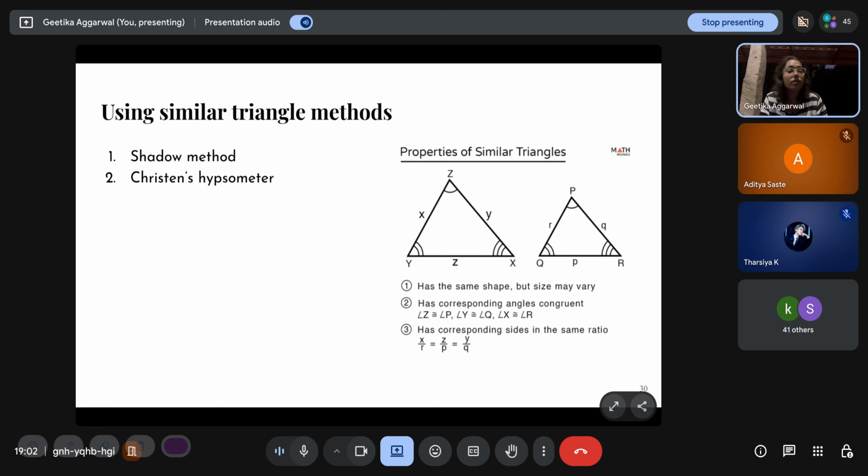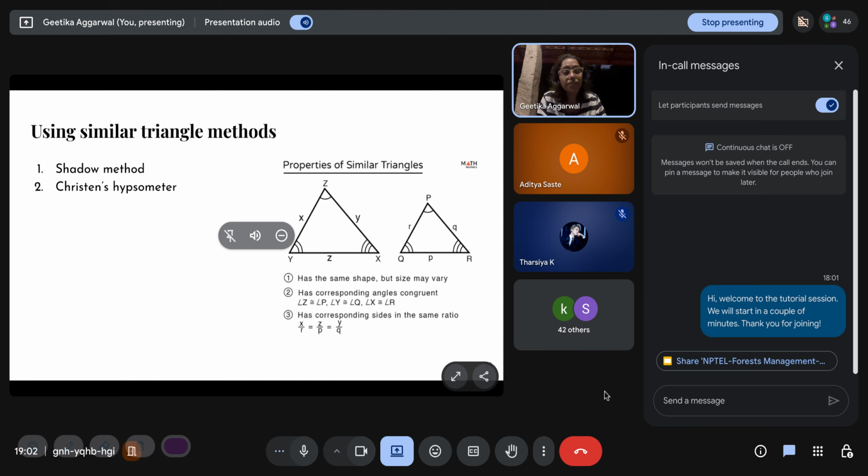You might already be aware of this method of measuring tree heights. Anybody would like to take a quick guess on how you use the shadow method to get to a tree height? Think about the shadow method and think about similar triangles.